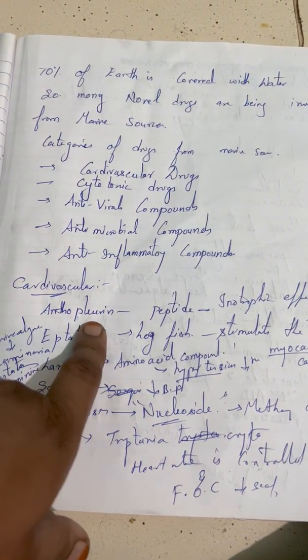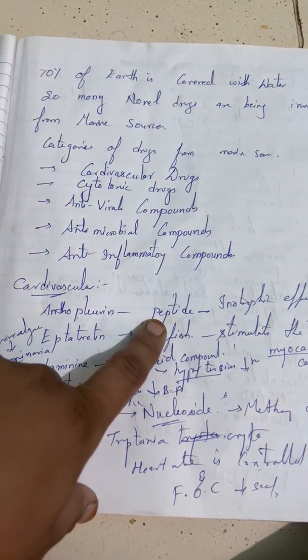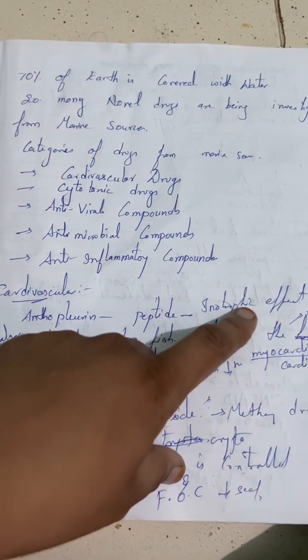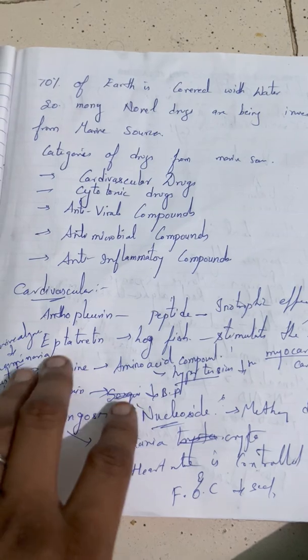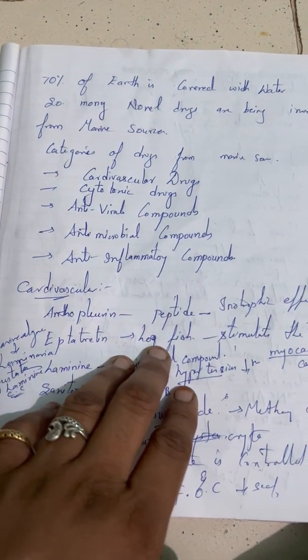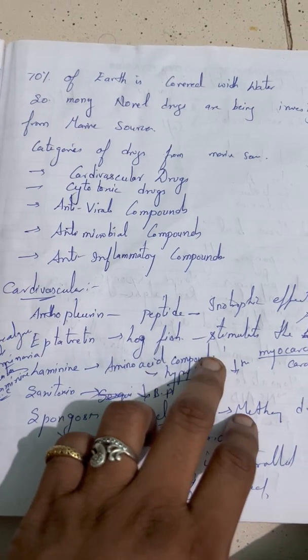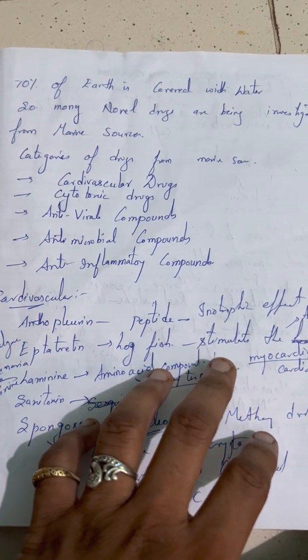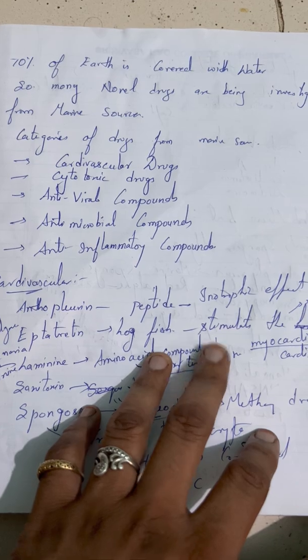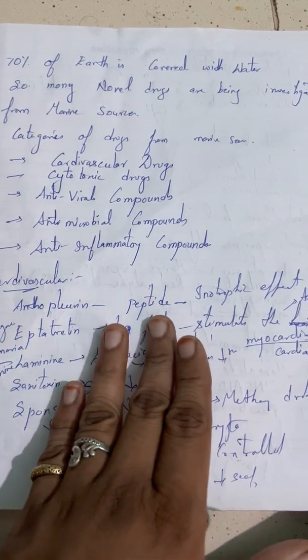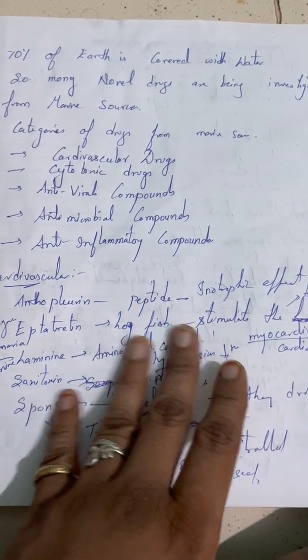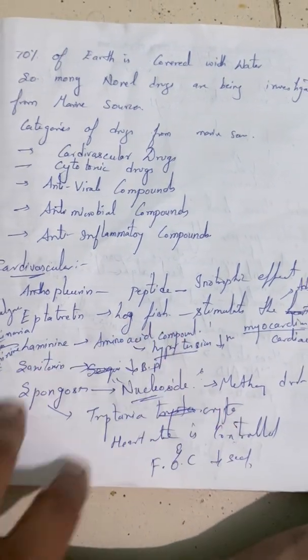Anthoplurin is a peptide which shows an inotropic effect on the heart. Eptatretin is obtained from hogfish and acts as a cardiac stimulant, showing an action similar to that of adrenaline.